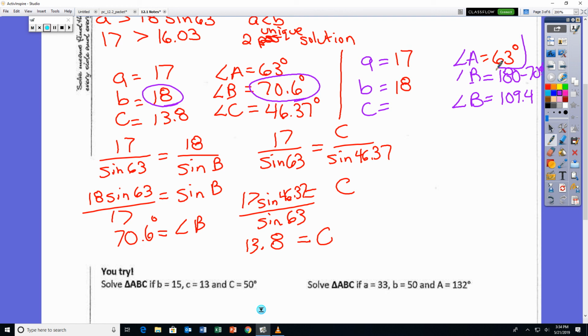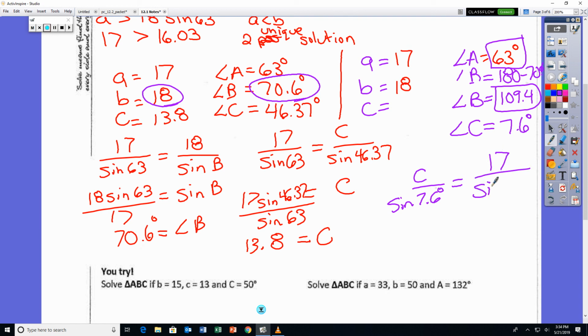So now I have 63, I have 109.4, so angle C will come out to be, for the second set, 7.6 degrees. Well, now I just need to find what side c will be for this second set, or c over sine of 7.6 equal to 17 over sine of 63.